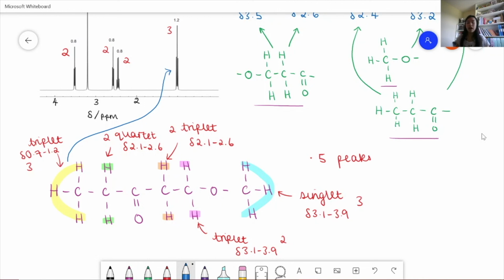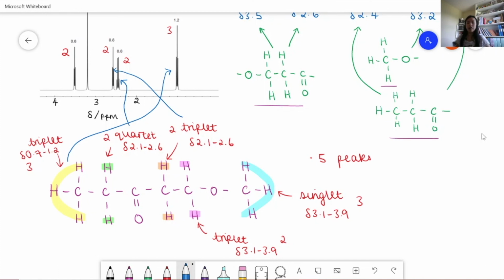And then we have a quartet with a relative intensity of 2 between 2.1 and 2.6, which is this one. And then we have a triplet with a relative intensity of 2 between 2.1 and 2.6, which is this one here.